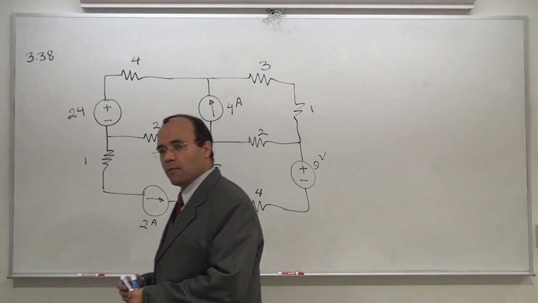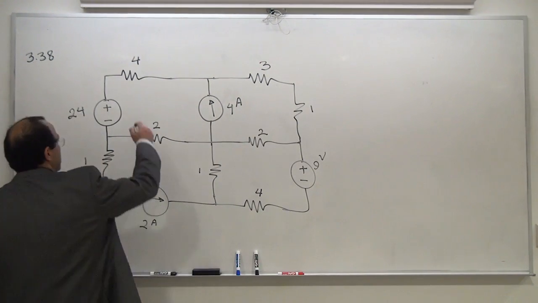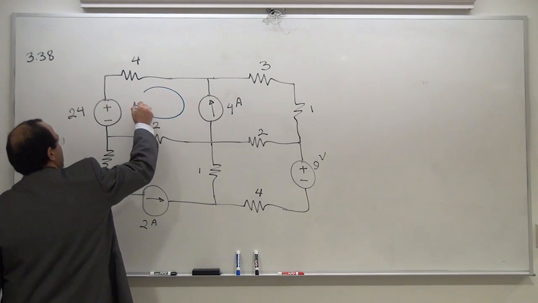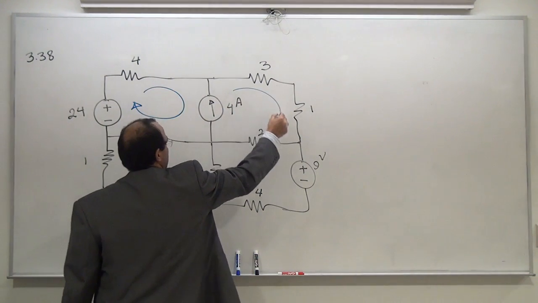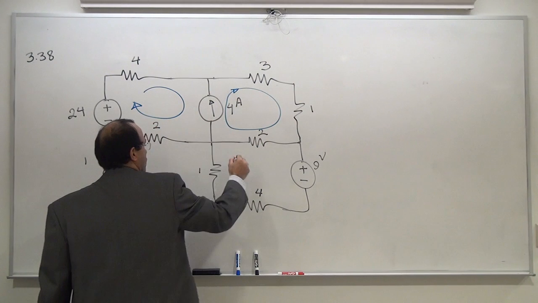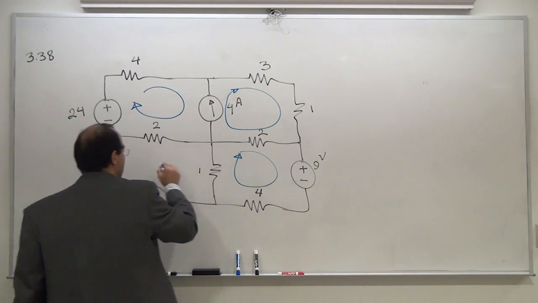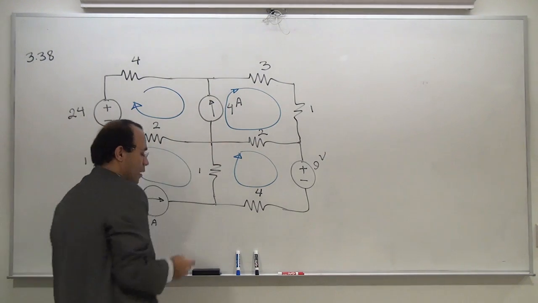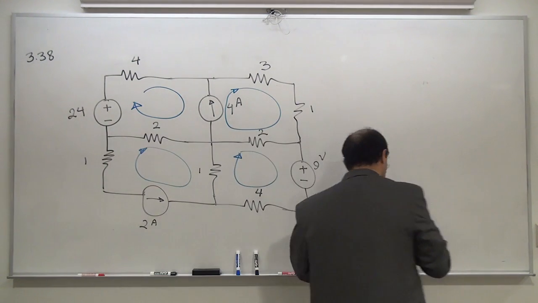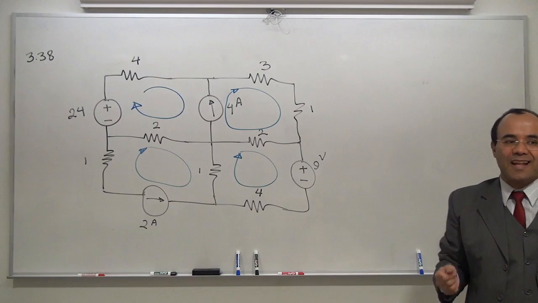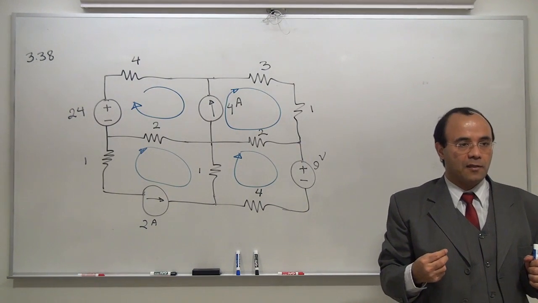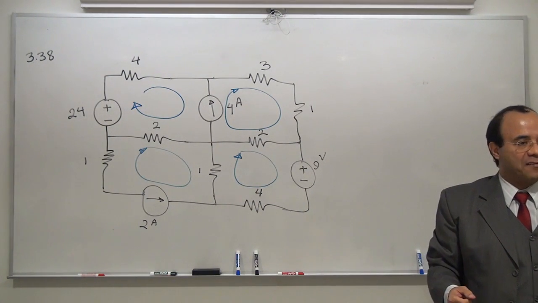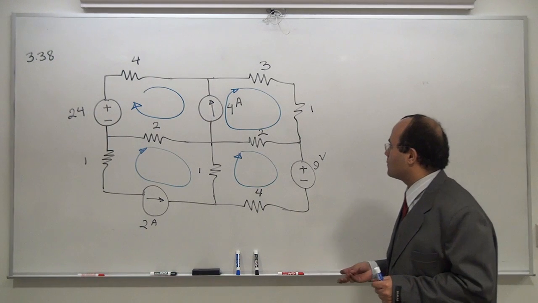Here we would like to work in the sense of mesh and supermesh. Supermesh is a subset of mesh. I need to identify my basic loops. Basic loops are the loops that don't have any loops inside. You don't see anything inside, do you? No. So these are my basic loops. I'm going to sacrifice one of the basic loops for the benefit of smaller, faster writing of the equations.